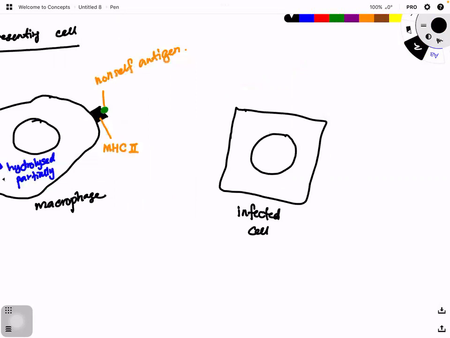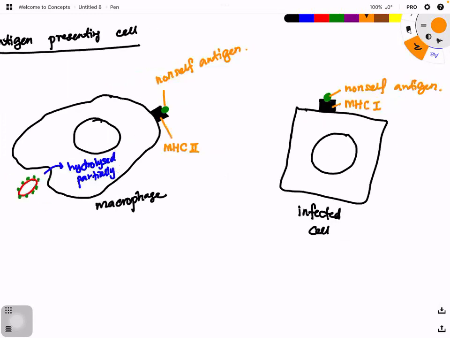The infected cell also has MHC, so it can also present the antigen. But this MHC is MHC class 1, and this is a non-self antigen. It is important to differentiate between MHC class 1 and MHC class 2.